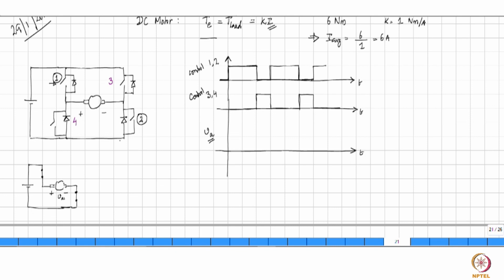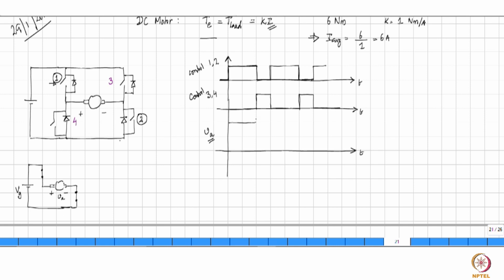So how much will VA be equal to if this value is VG? VA is equal to VG, right? It's simply connected across VG.